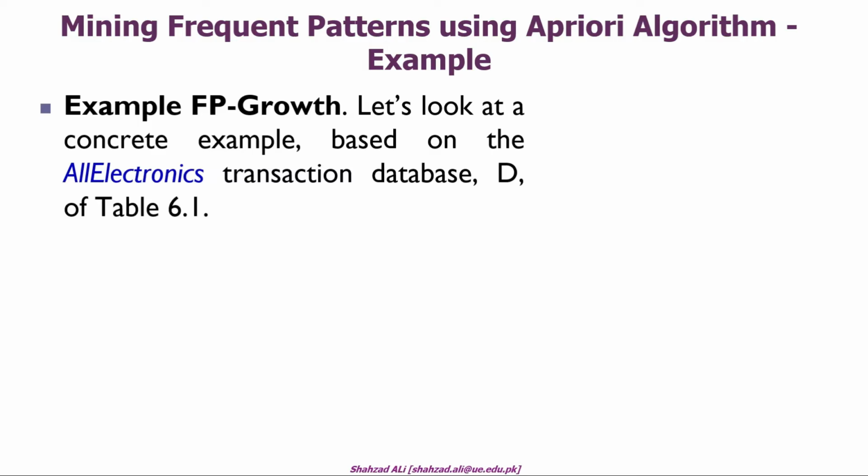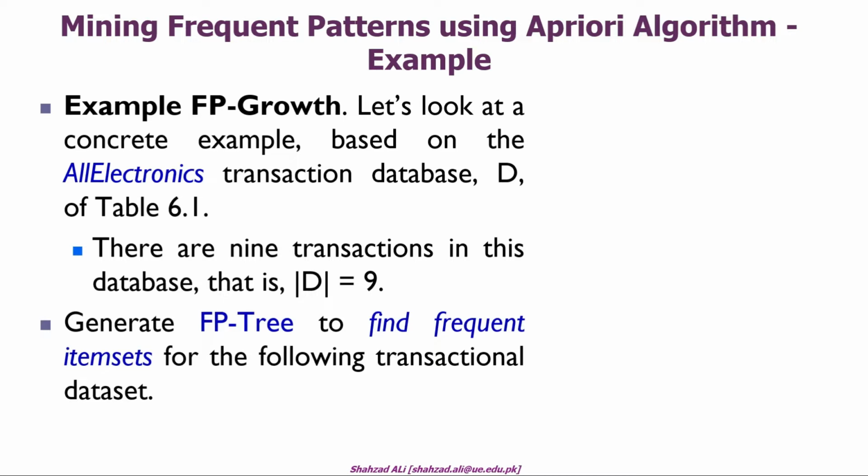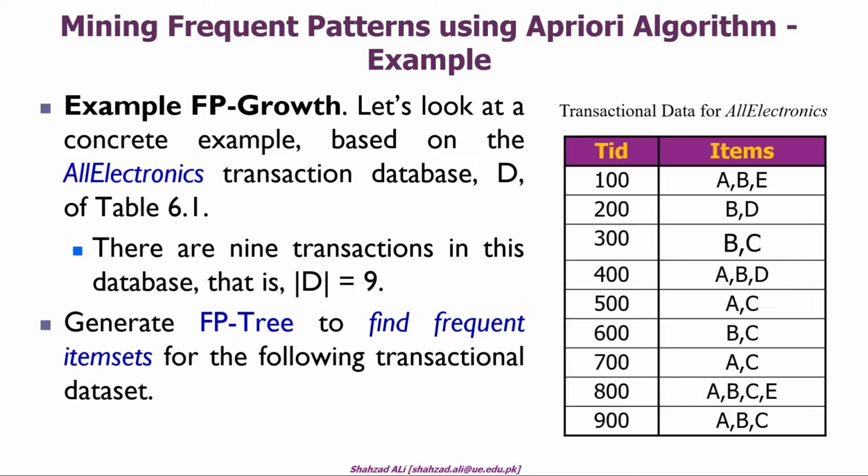Here we have the same data set that we have solved in our previous example of the a priori algorithm. This data set is the all electronics transactional database, which contains 9 transactions, the transaction ID 100 to transaction ID 900, and each transaction contains different item sets.